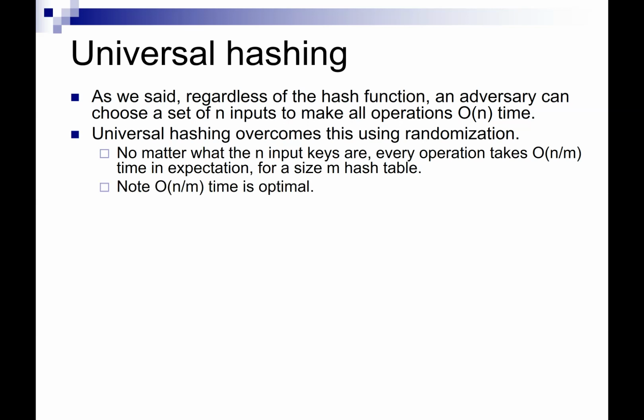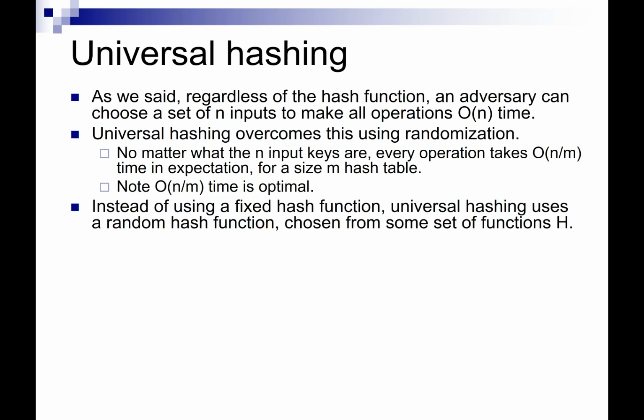Also note that this n divided by m is optimal, because on average each table location is going to have n divided by m items in it. So if we simply take n divided by m time in expectation, this is the best we can do.